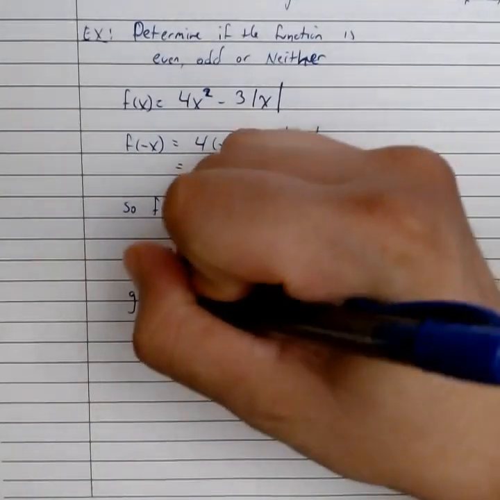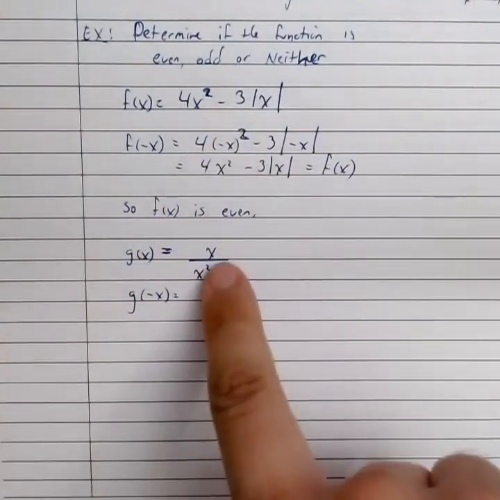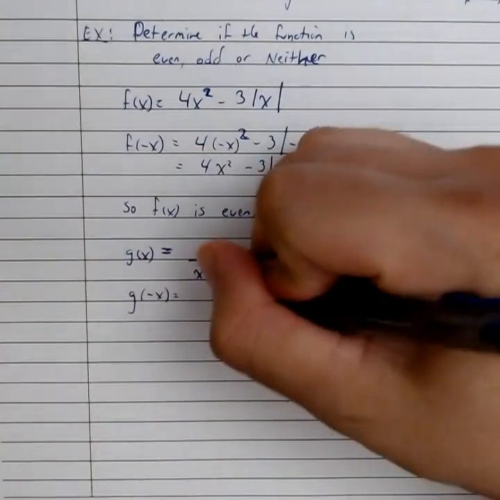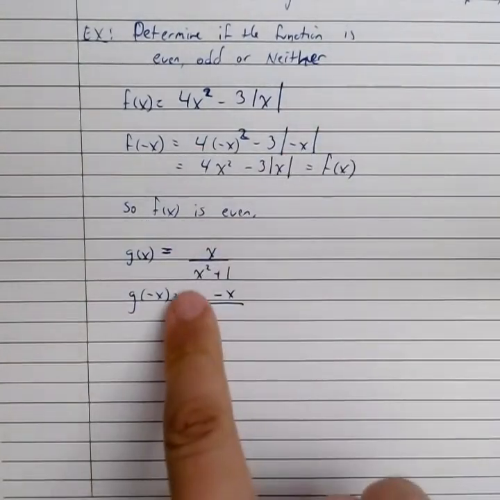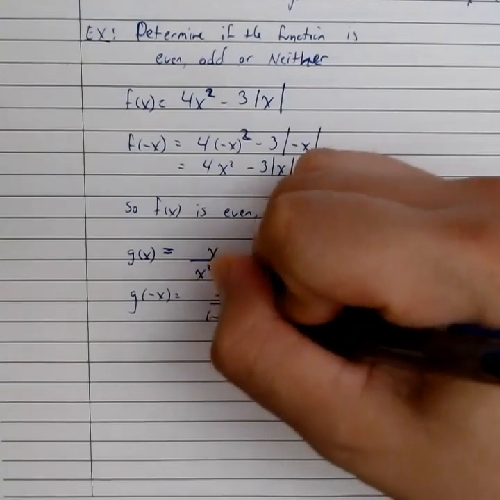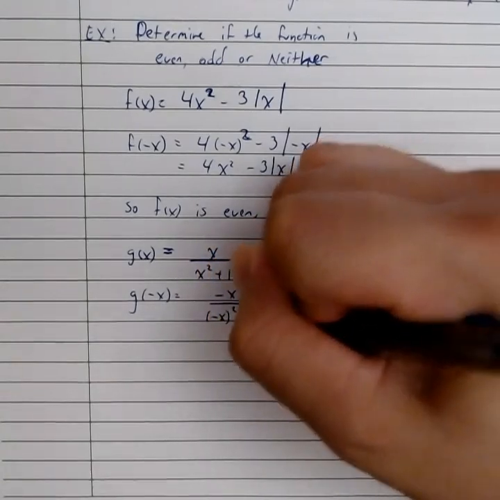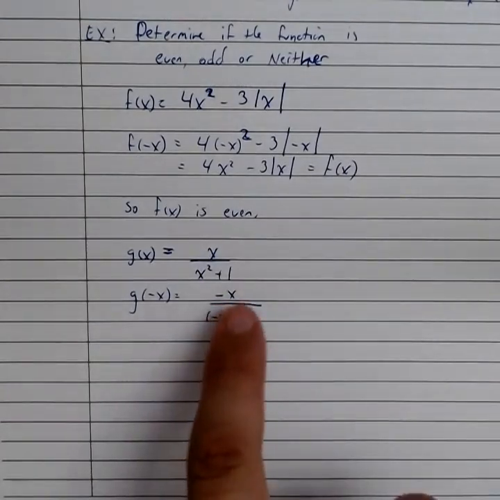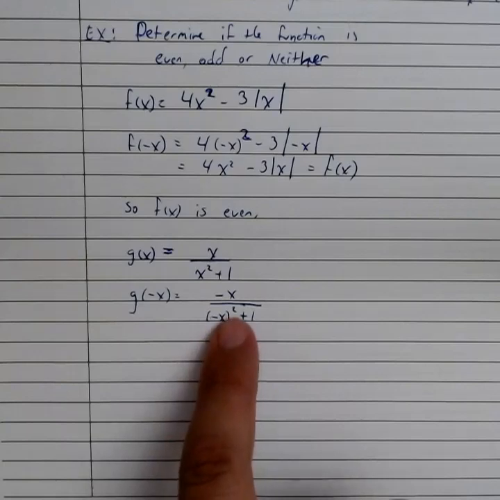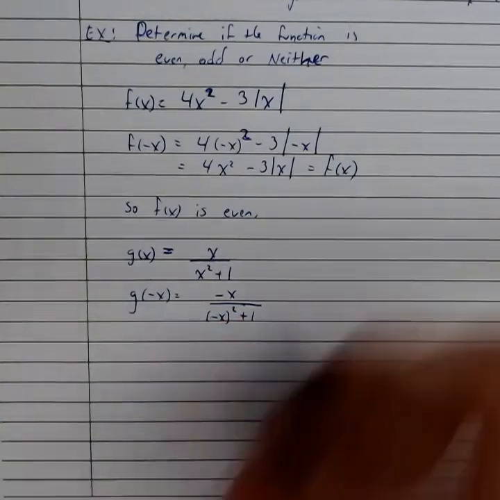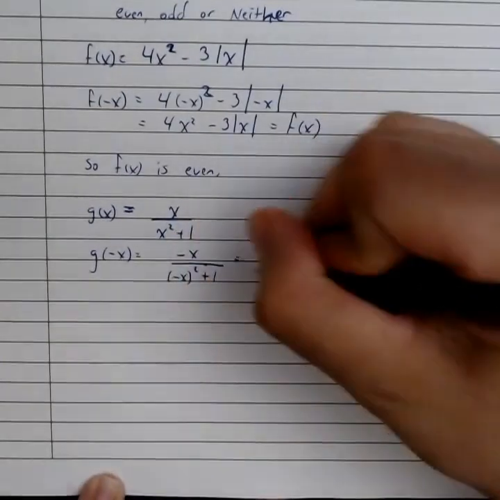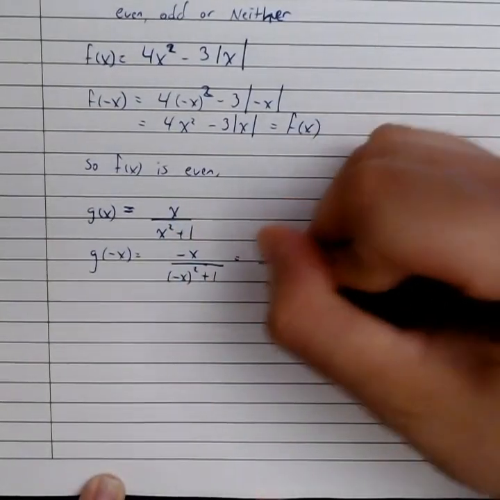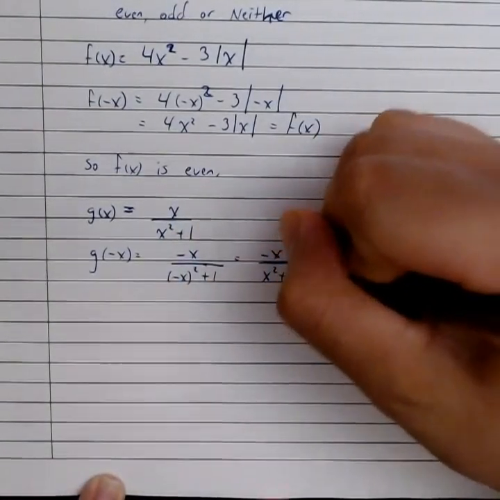So g of minus x is equal to, well, that x is replaced with a minus x, and this x is replaced with a minus x, just like that. Here the minus x is just a minus x, that's what it is now. But here minus x squared, when you square a negative, you get a positive. So this will give us minus x over x squared plus 1.